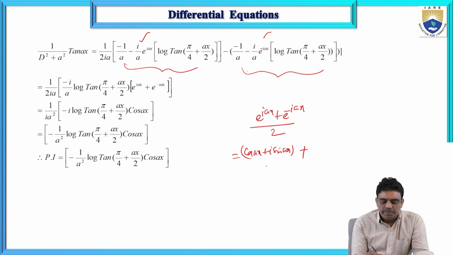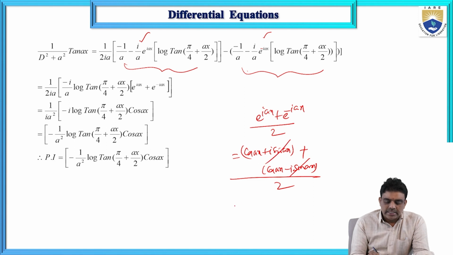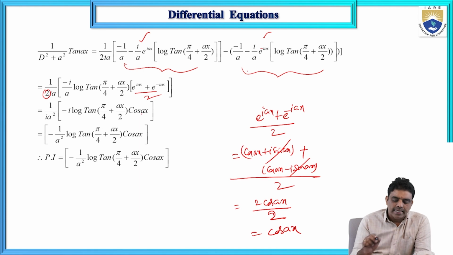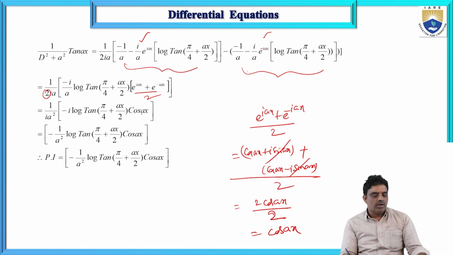Similarly, e power minus iax is cos ax minus i sin ax. So these two get cancelled, and 2 cos ax by 2 is equal to cos ax. So (e power iax plus e power minus iax) by 2, on writing 2 here, you will get cos ax. So that is replaced by cos ax.